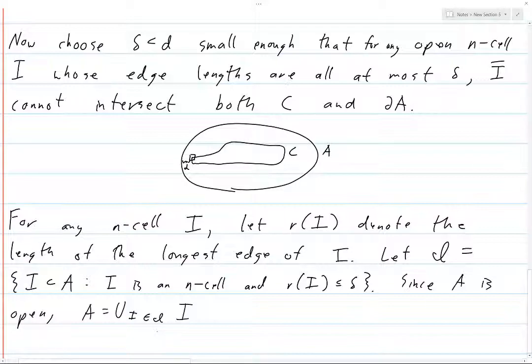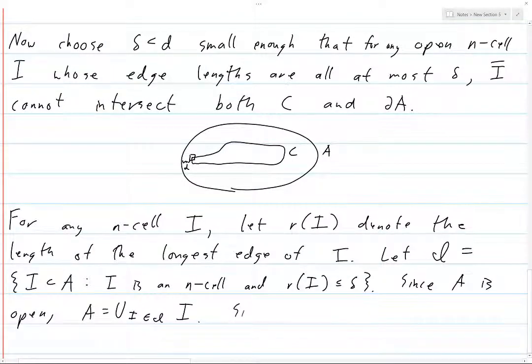And this is fine. So this is this set script I here. It's uncountable, with a lot of n-cells in it, but we don't care about how many elements are in the set, because we know that A is the union of these things, and we're going to get rid of them right now.